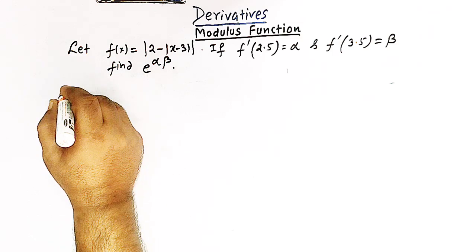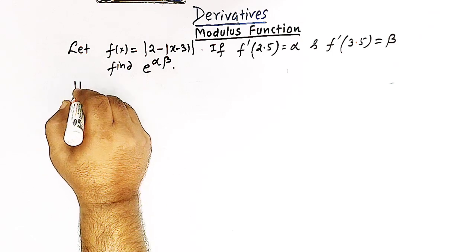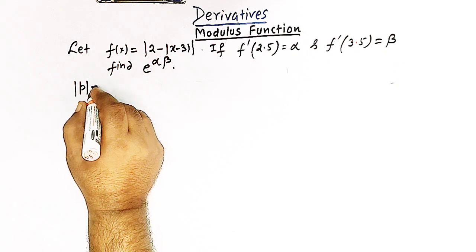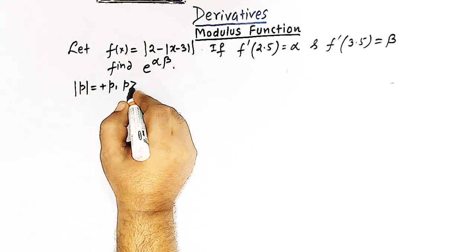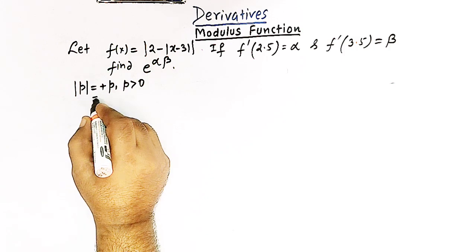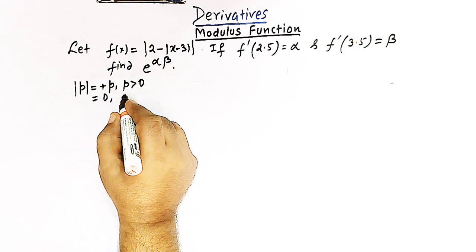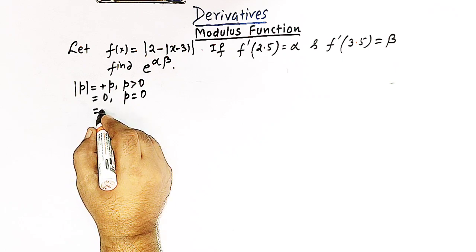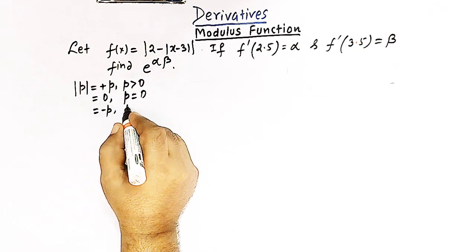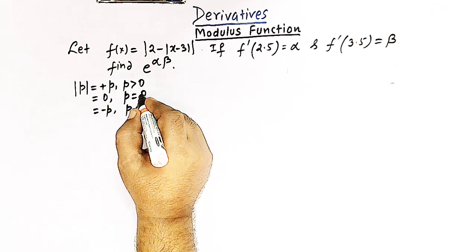Now see, the definition of mod function goes like this. Mod of p is equal to positive p whenever p is greater than 0, and mod of p is equal to 0 whenever p is equal to 0, and mod of p is negative p when p is less than 0, right?